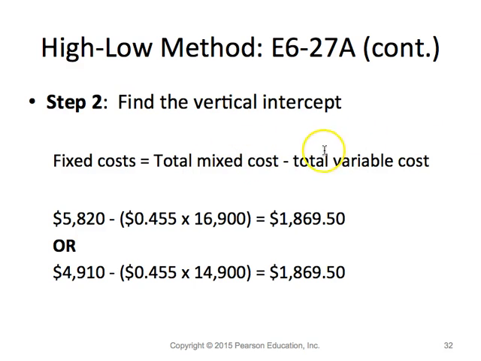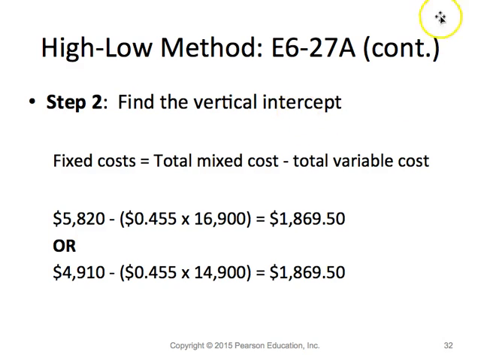Yes, including this one. This is the total mixed cost line, which is above the fixed cost. So you have this point, the total mixed cost at 5820, and you subtract whatever the variable cost is.